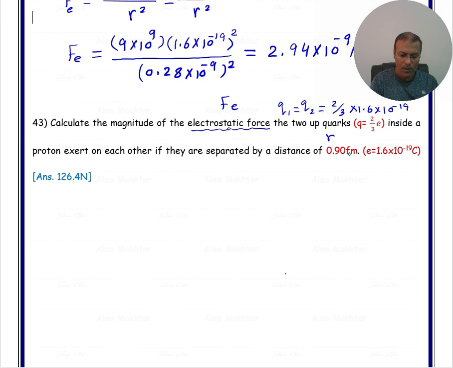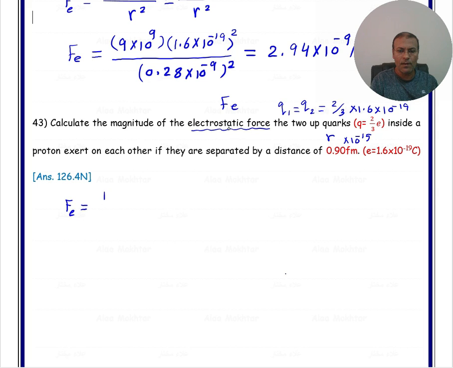The distance is R. What about fm? fm is femtometer. Femto is 10 to the negative 15.